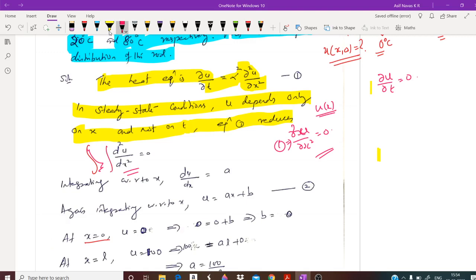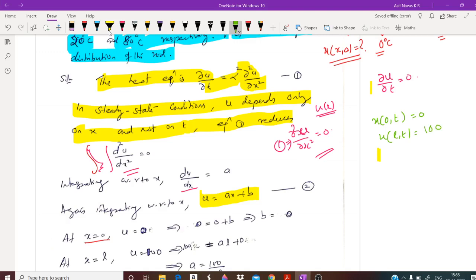Now if we integrate on both sides, we get du/dx equal to a. Now again we integrate, and we get u equal to ax plus b. Now we have the boundary conditions: u(0,t) is equal to 0 and u(L,t) is equal to 100.